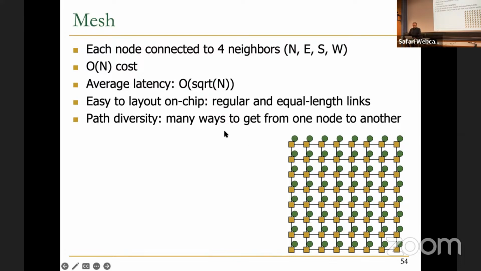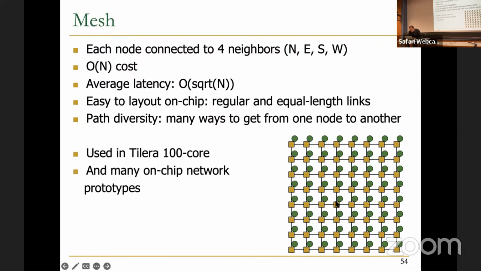And we have a lot of good path diversity. So many ways to get from one node to another. For example, if you want to send a packet from this node to this node, you have two paths, right? You can go this way or you can go this way.